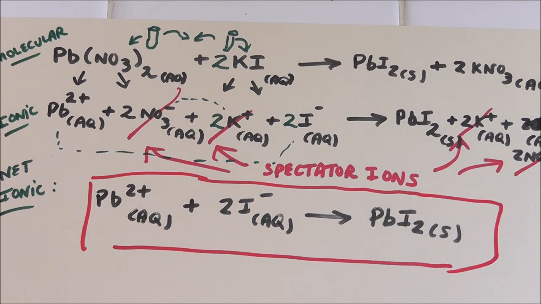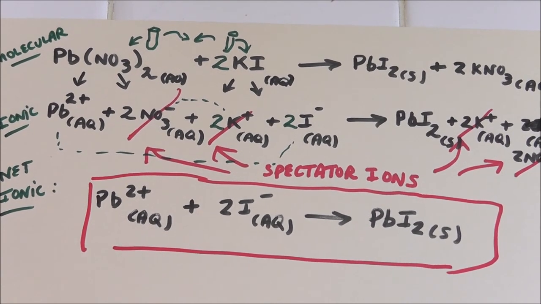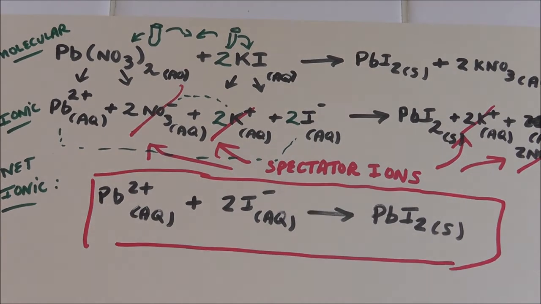And so the only thing left to do is to practice it a whole bunch more, and by whole bunch I mean probably I will not make you nauseated if I just do two more. So let's do another one where we write all three forms of a precipitation reaction.